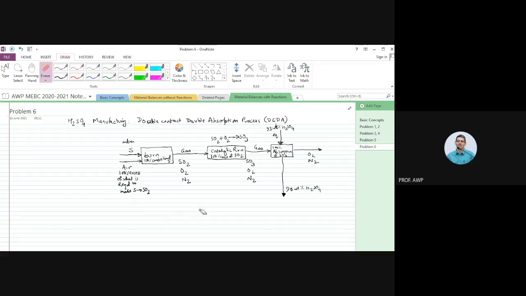Is that okay? So why are we taking 93% and why not pure water? If that is your question, just wait for a couple of minutes.